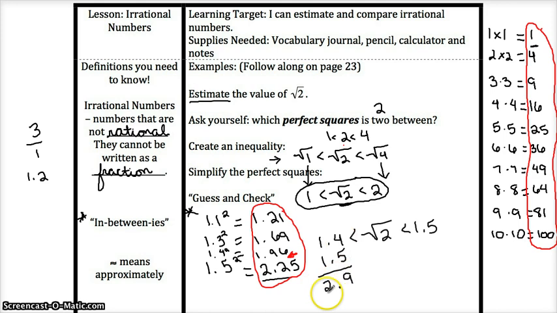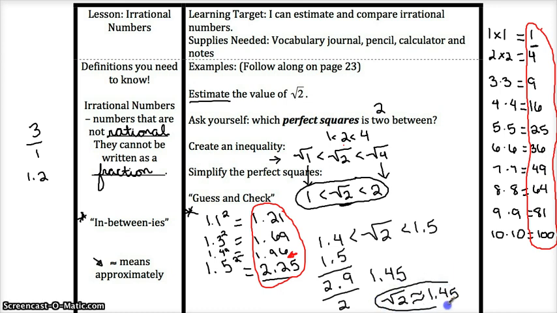So they added those two, and then they divided by 2, and they get 1.45 for their final answer. So they say the square root of 2, and then they do this fun equal sign. It's a little curly one. I put a little note right here. It means approximately. So the square root of 2 is approximately 1.45. Okay.